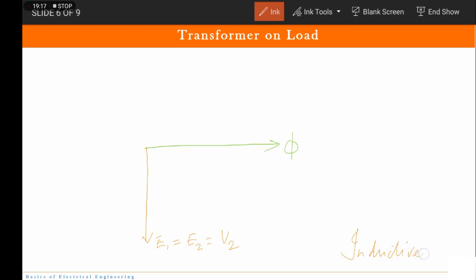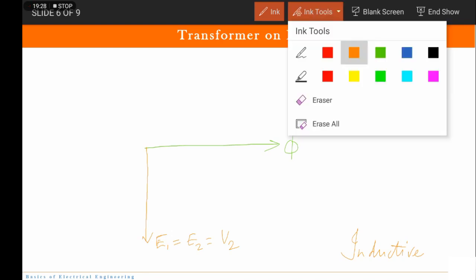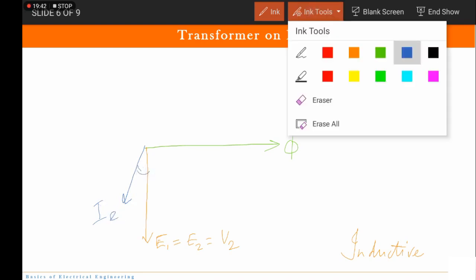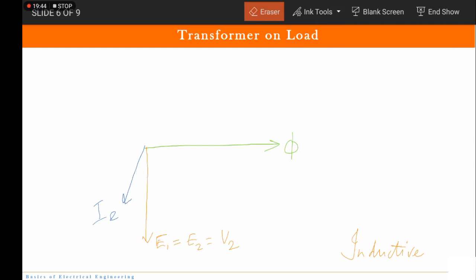But remember, this is not a pure inductive load. It means the current will lag the voltage, but it will not lag by 90 degrees. So here is my current I2, which is lagging the voltage by phi 2.